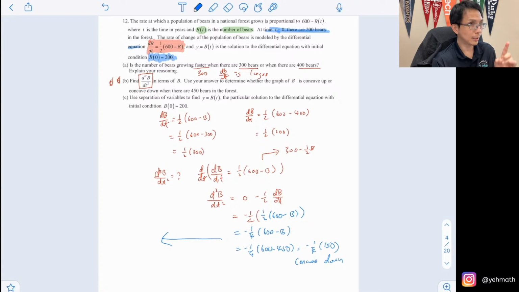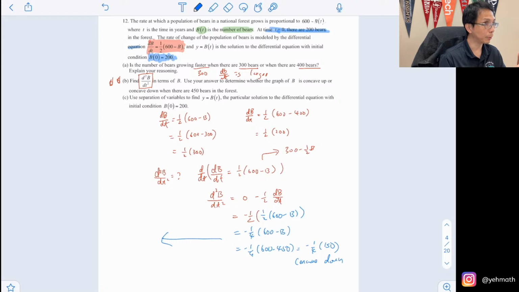So here is a part that is a little bit different than before. Here's a part on MCQ. They're going to ask you, are they going to be over approximate or under approximate if you use tangent line approximation? Now you're going to be like, wait, what kind of clue is already given to me on this part?